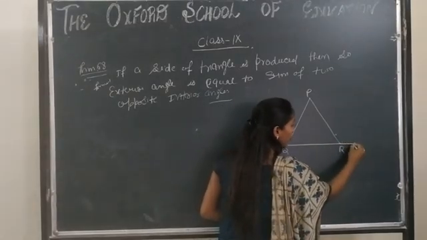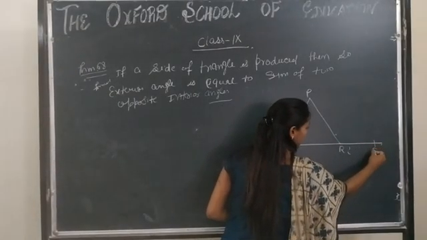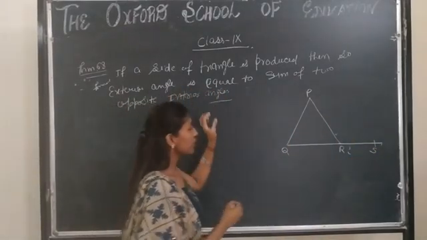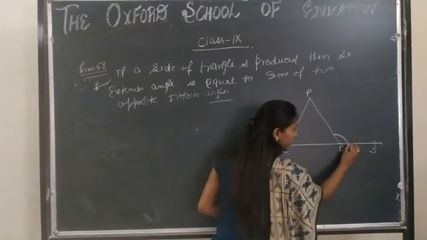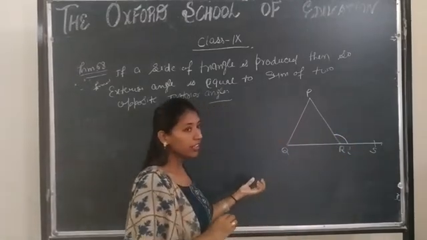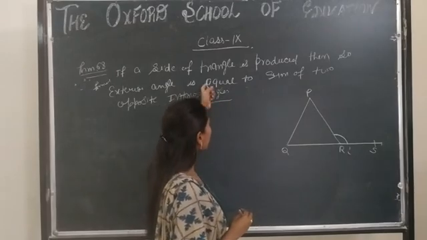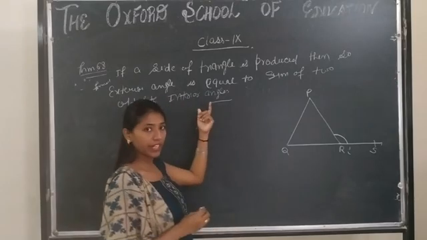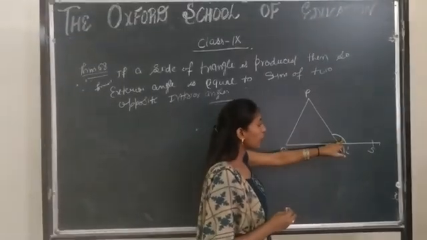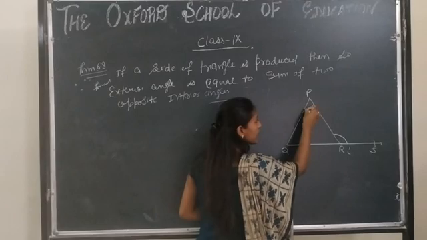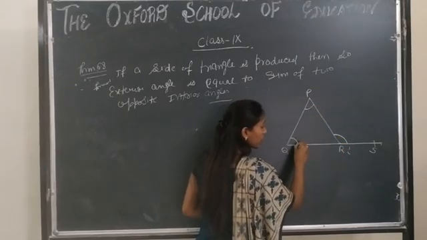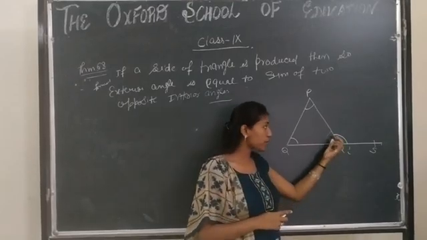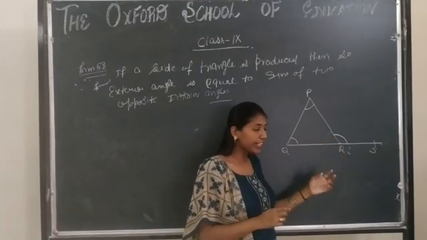So, we produce QR up to S. Then the theorem says exterior angle so formed, this is the exterior angle when we produced QR to S. Exterior angle is equal to sum of two opposite interior angles. So this angle is opposite to this, also this angle is opposite to this, but not this angle is opposite to this, because these two angles are adjacent to each other.